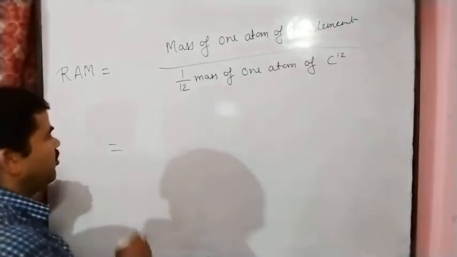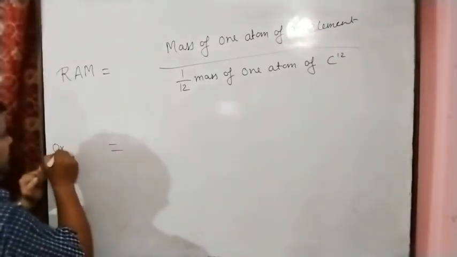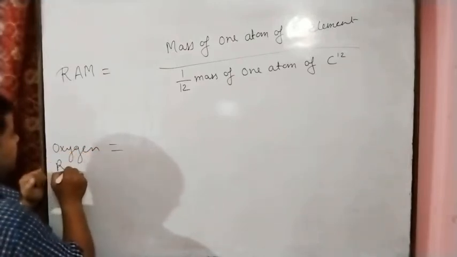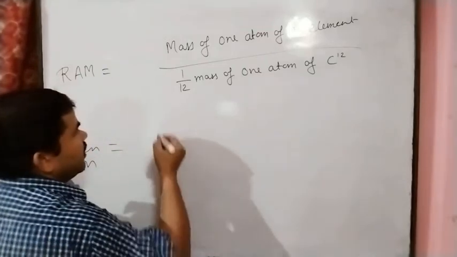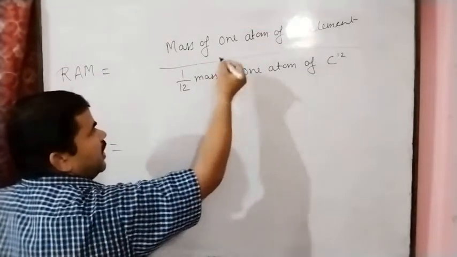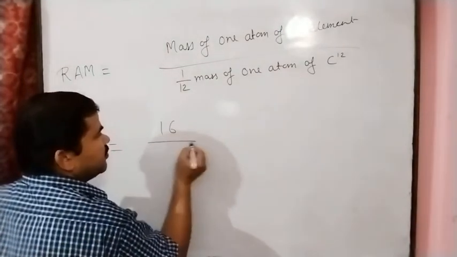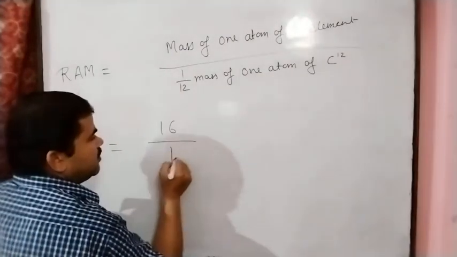So we can suppose that we determine the oxygen relative atomic mass. Here the mass of one atom of an element, the oxygen atom, we will write 16. And 1/12th the mass of one atom of carbon 12 means 1.